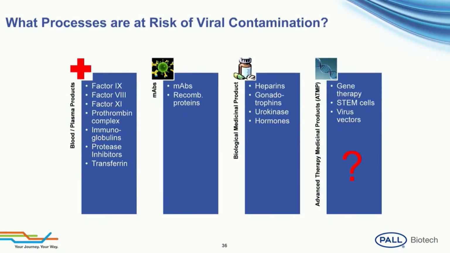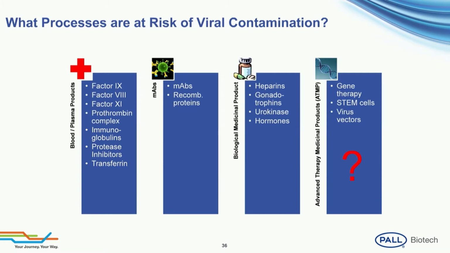So virus safety, risk evaluation and mitigation is an important consideration in biotechnology manufacturing. So let's look at what processes are at risk of virus contamination. Any biotech process involving use of human or animal derived materials is susceptible to virus contamination.